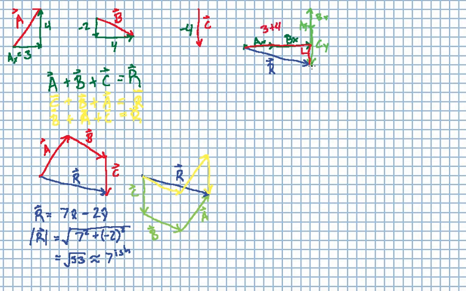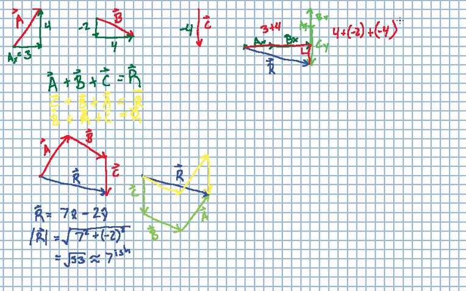And the length of this side would be the sum of all of these. It would be 4 plus negative 2 plus negative 4, and we would get this nice right triangle.